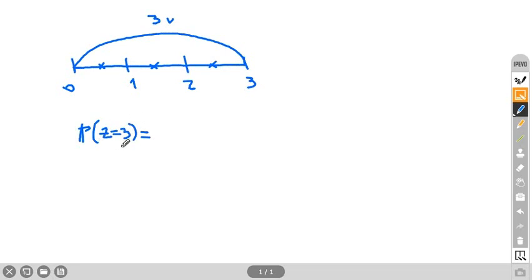Z equal to 3 consists of the following events. We can have either 3 views in the first hour.